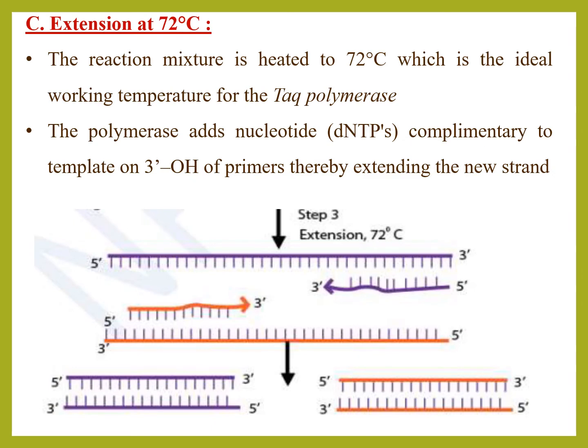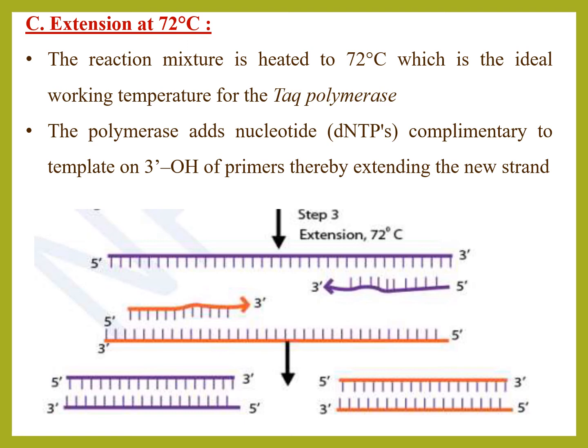The third step is the more important one, that is, extension at 72 degrees. The reaction mixture is heated to 72 degrees. This is the ideal working temperature for Taq DNA polymerase, and the length of time we use for this step depends on the length of the DNA template we are going to amplify.